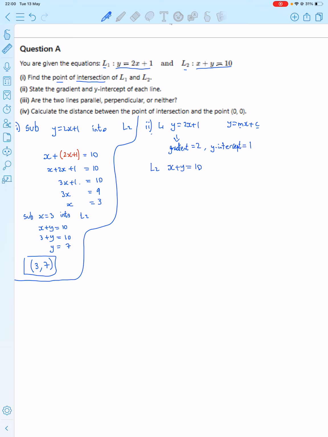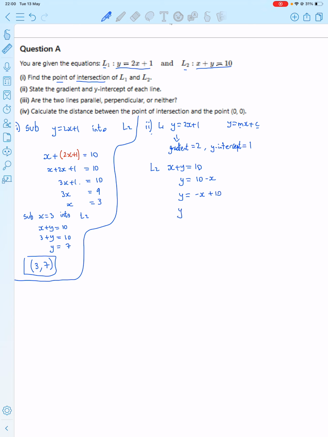Now for the other equation, L2, we have x plus y equals 10. But to be able to state the gradient and the y-intercept, it needs to be in the form y equals mx plus c. So we're going to subtract x from both sides, leaving us y equals 10 minus x. Now, a nicer way to write this is actually y equals minus x plus 10, so that we can see exactly what's going on. And just to make it extra clear, there's no number written in front of the x, so we can see there's an invisible 1.